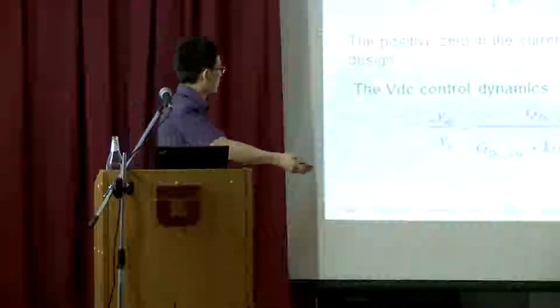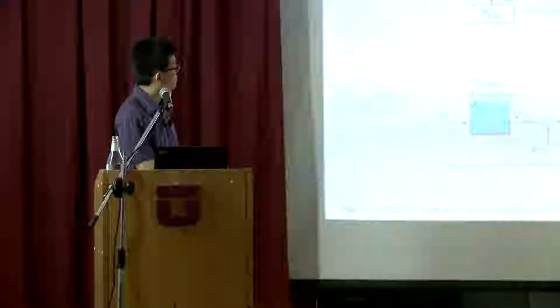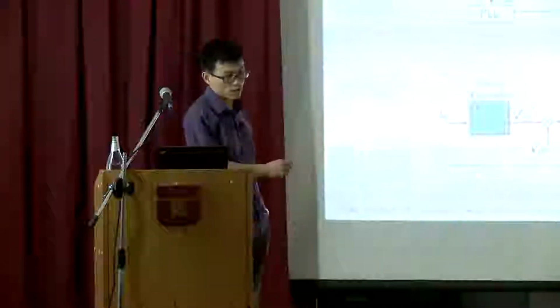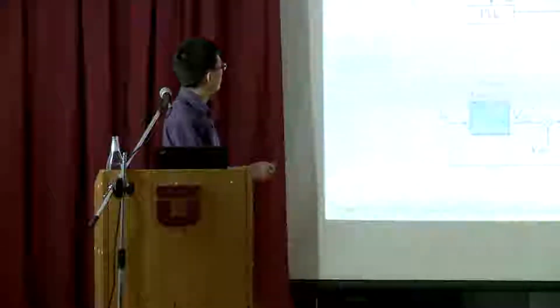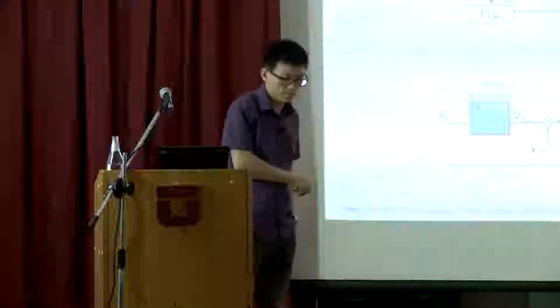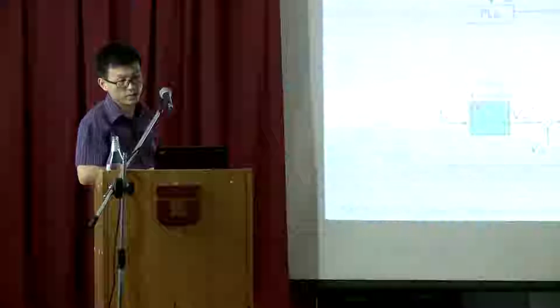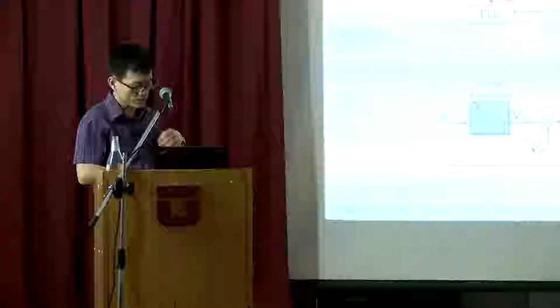Another one is the voltage mode droop. So essentially, what's the difference? Everything is the same apart from you have the current feedback from the local or common DC bus to the droop characteristic droop controller, and the output is the voltage reference.